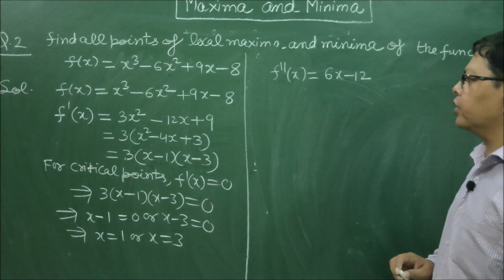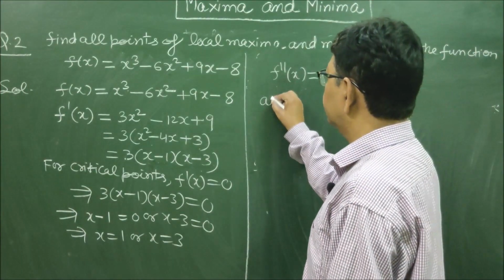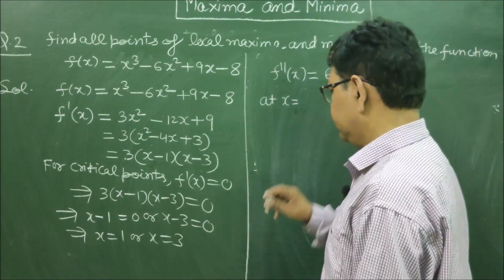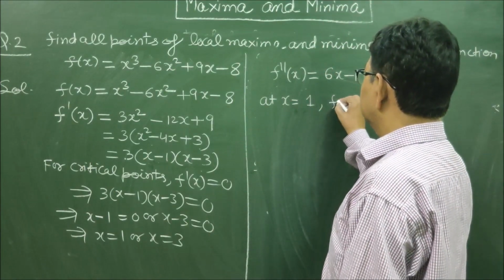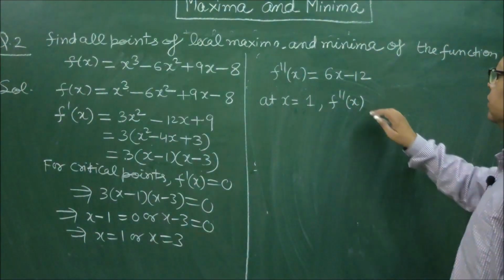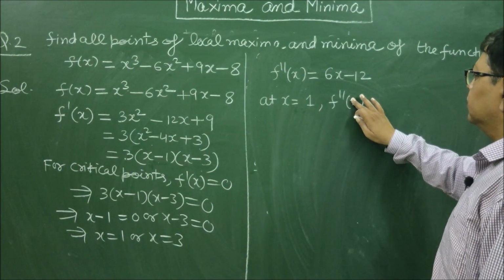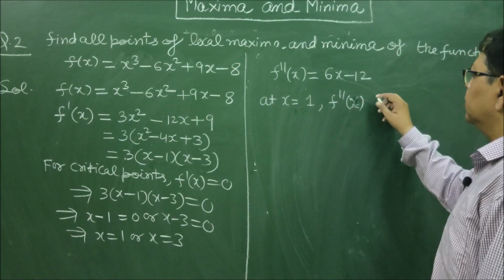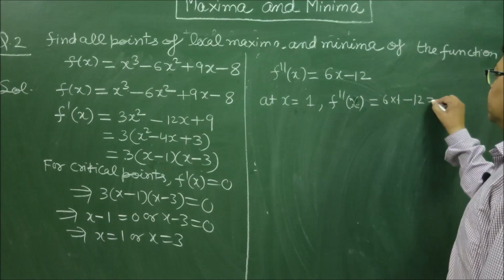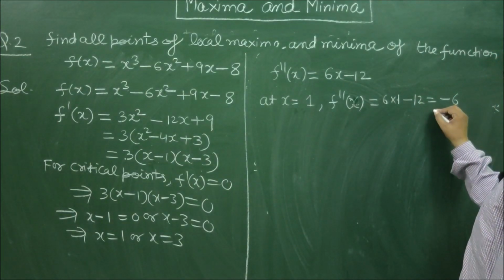Now if I put x is equal to 1, f double dash 1 is equal to 6 into 1 minus 12 is equal to minus 6, which is negative.